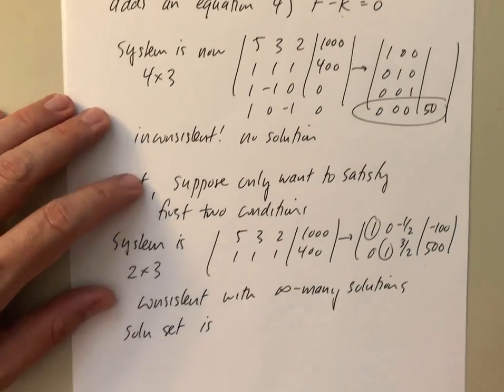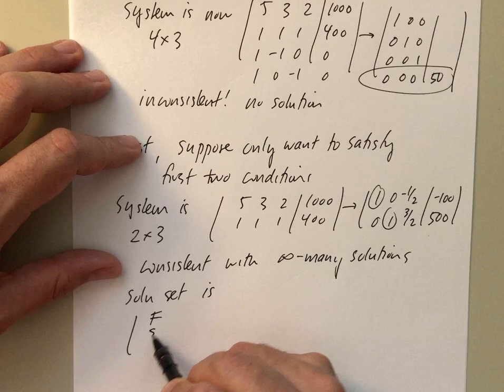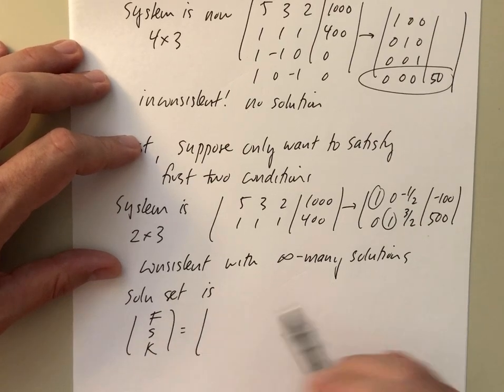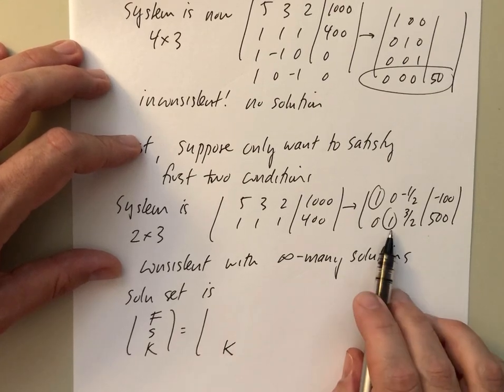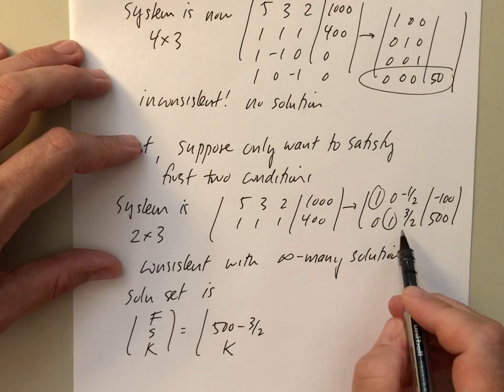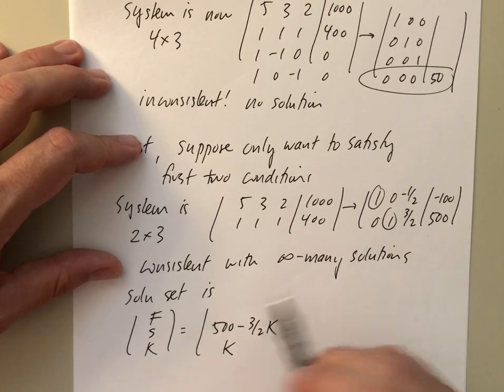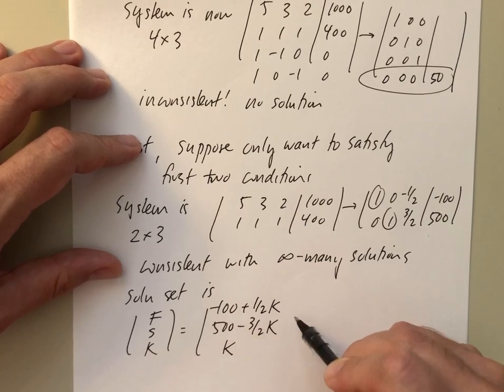Well, let's do it in our notation here. So forks, spoons, knives equals, well, it looks like knives is free, so we just put K. Spoons will be 500 minus 3 halves of knives. And then the number of forks will be minus 100 plus 1 half knives.